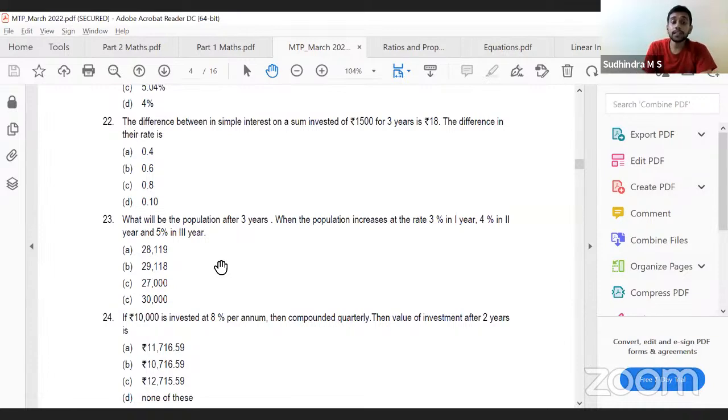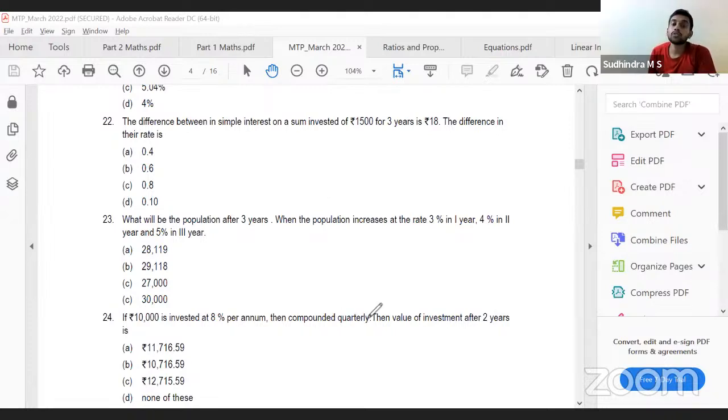Next, if 10,000 is invested at 8% per annum, compounded quarterly, the value of the investment after 2 years. 10,824.3. Option is not there. 11,716.59.